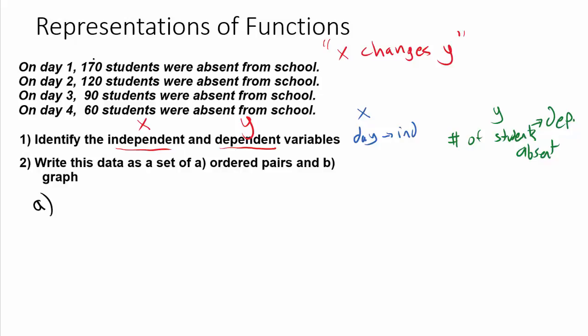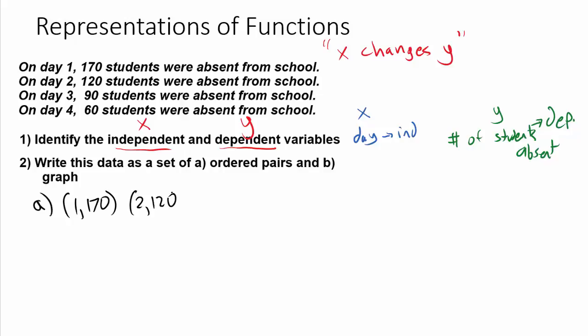Instead, they said on day 1 there were 170 students absent. It's important for us, though, to make sure we put this in the right order. Remember that the x, or the day, should always come first, and since we identified y to be the number of students absent, that should always come second. It just by happenstance works out that they are going to be in this exact same order that they have them in the problem.